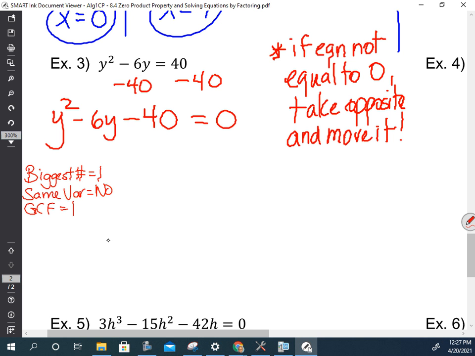How many terms do we have? 3. That means we can do MAF. So this is now a MAF problem.